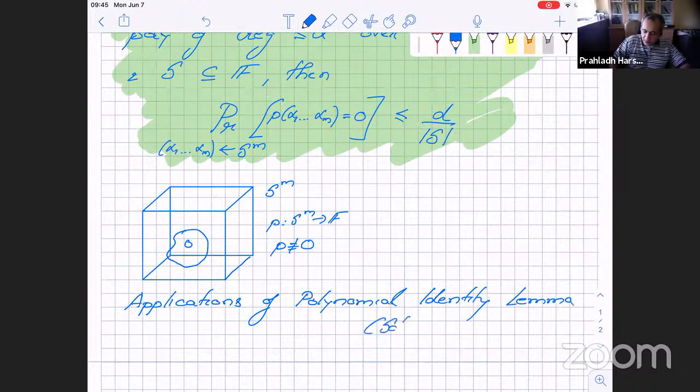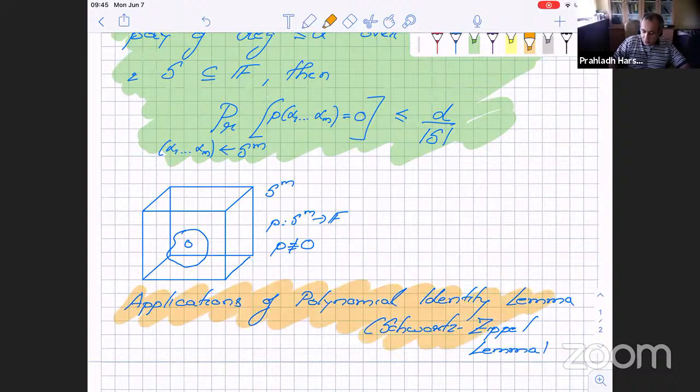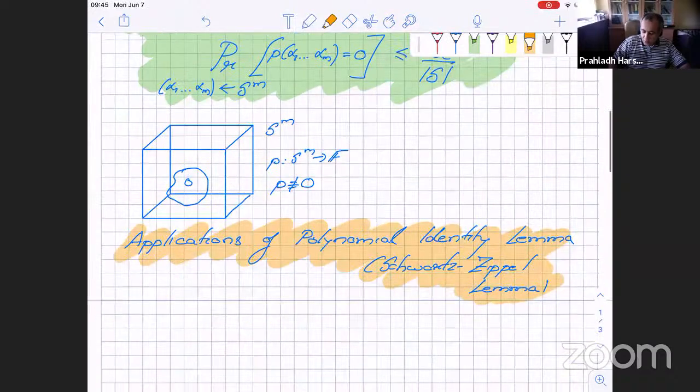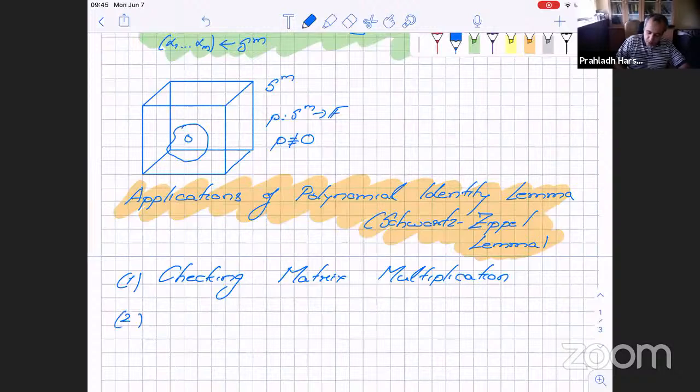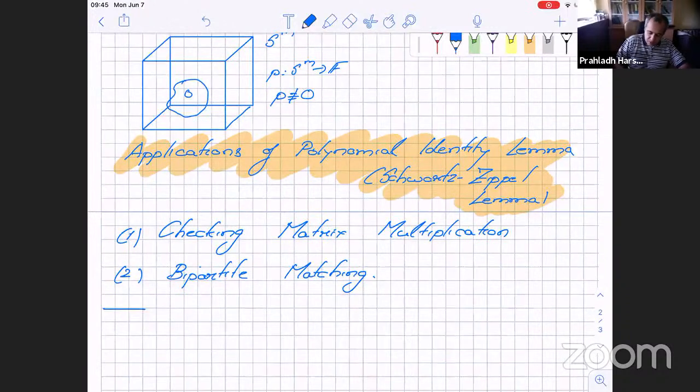It's more commonly referred to as the Schwartz-Zippel lemma. The two applications are one to matrix multiplication checking, and two to bipartite matching. So let's go to the first one.